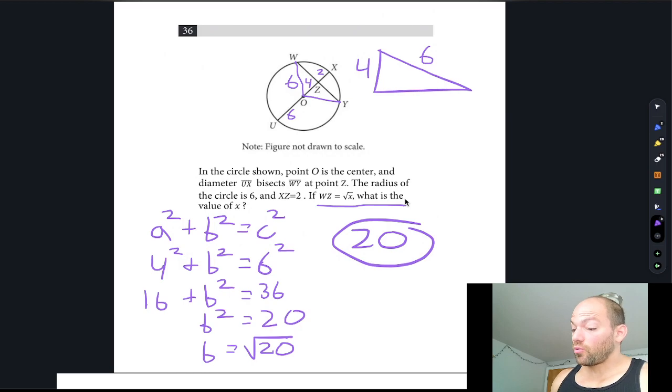We could have simplified that radical into something like 2 root 5, but notice they said that WZ is root X. So we want to keep it in that form, root something. Oof. Sneaky thing. Remember, it's a secret reading test.